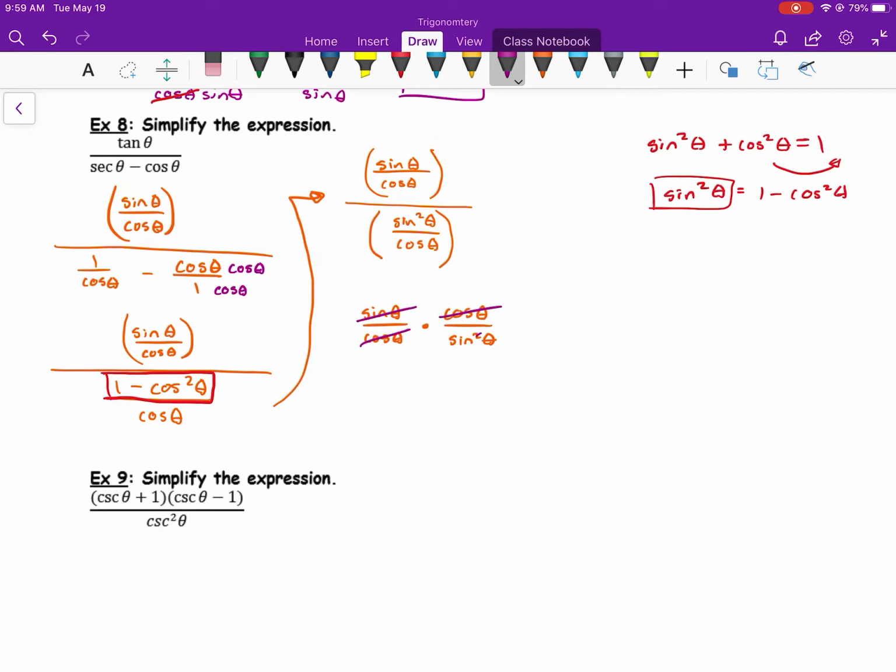I'll take one sine from the bottom, take that sine from up there, makes it 1. I'm left with 1 over sine of theta. And 1 over sine theta is the reciprocal, cosecant of theta.